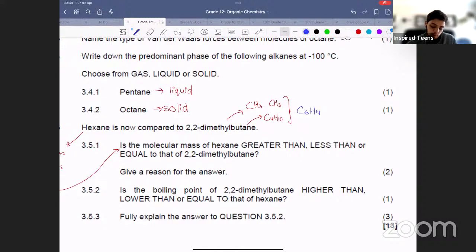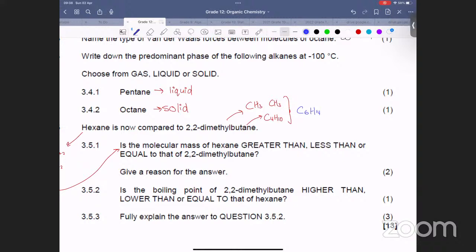3.5.2. Is the boiling point of 2,2 dimethyl butane higher than, lower than, or equal to that of hexane? What do you guys think? Lower than.